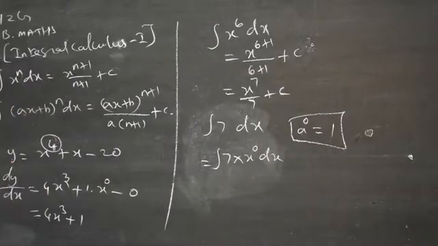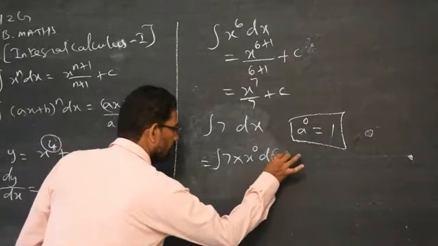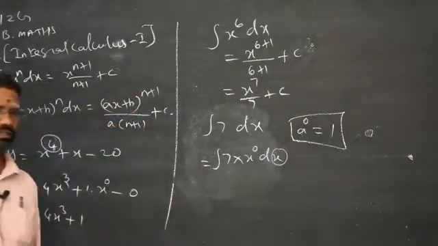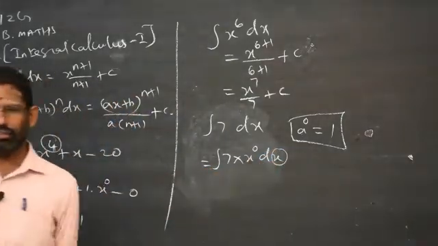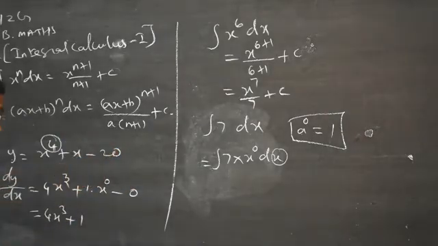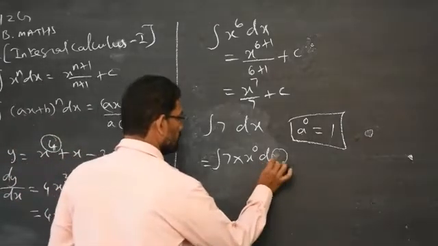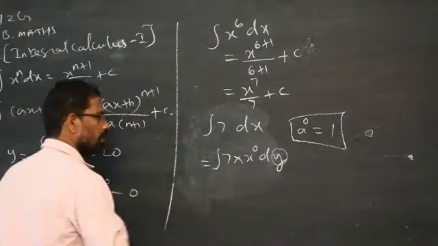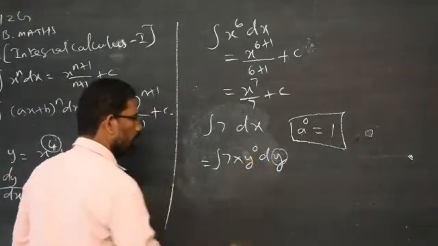Sir, why are you using only x power 0? Why don't you use y power 0? Because we are integrating with respect to x. Therefore, you have to write that variable only, x. Suppose you want to integrate with respect to y, then you have to write y power 0.